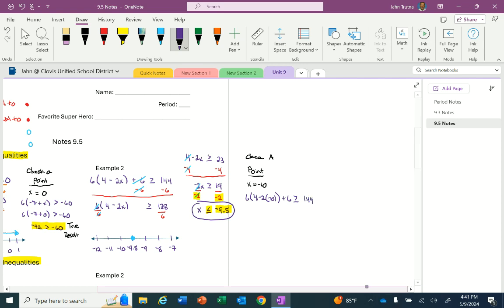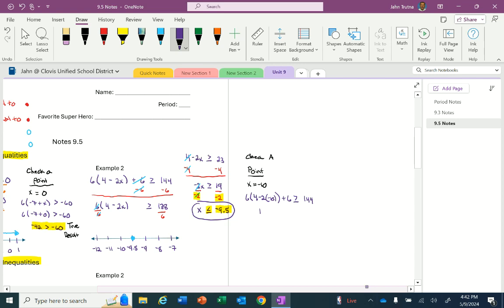Notice that when I plugged in the number that I'm checking, I plugged it into my original inequality, so I'm going back to the greater than or equal to symbol. Then I work this out. Negative 2 times negative 10 is positive 20.